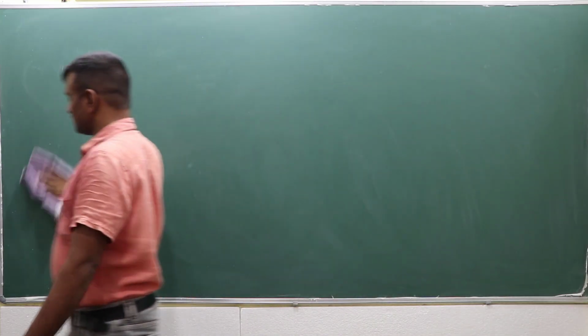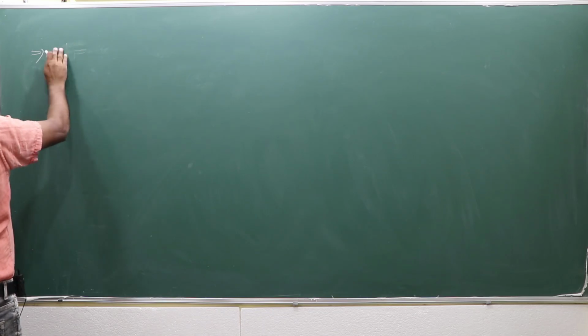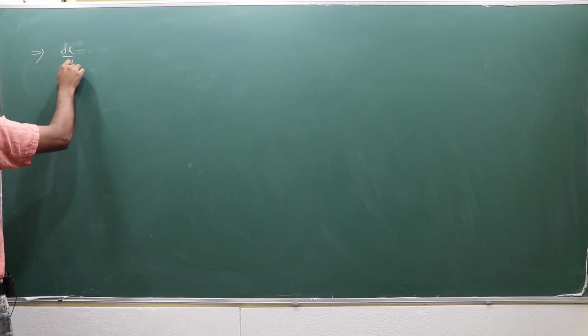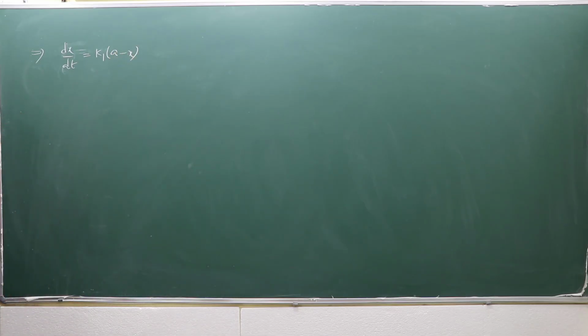Next, another one, the graphical point of view, some of the graphs. We know that at the beginning dx by dt is equal to K1 into A minus X. This equation we have seen already.